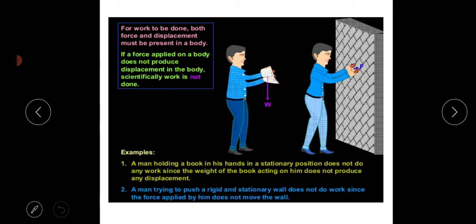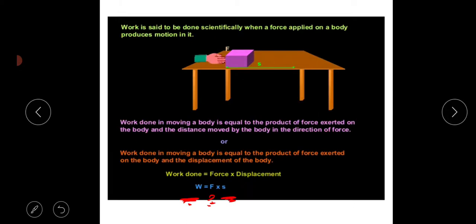For work to be done, both force and displacement must be present on a body. If a force applied on a body does not produce displacement on a body, scientifically work is not done. You can understand it like this: if a force is applied on an object and it does not move, the displacement will be equal to 0.